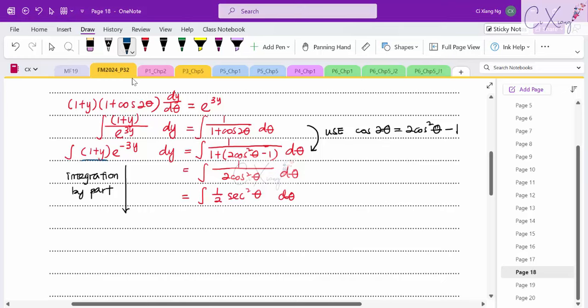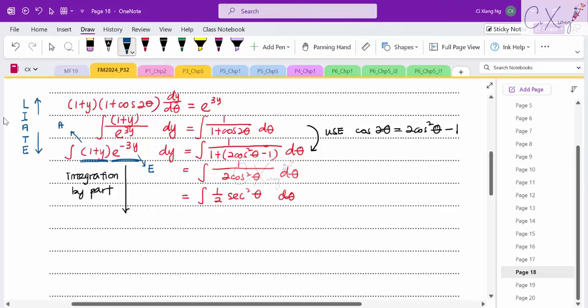The 1 plus y is algebra, which is the A. E power negative 3y is the exponential, the E. For algebra, we are using the rule LIATE: the higher group will be the u, the lower group will be the dv.